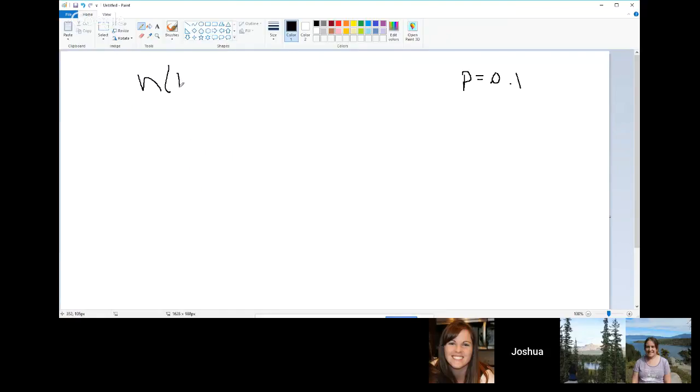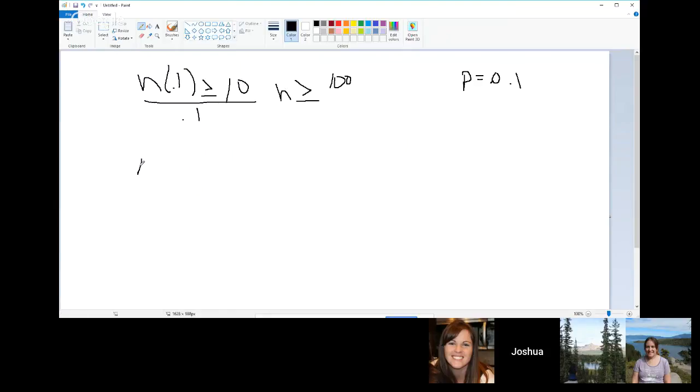So if we plug that in here, n times 0.1 is greater than or equal to 10, divide by 0.1, n is greater than or equal to 100, right? My n's look like h's.